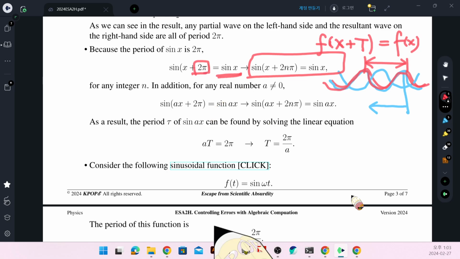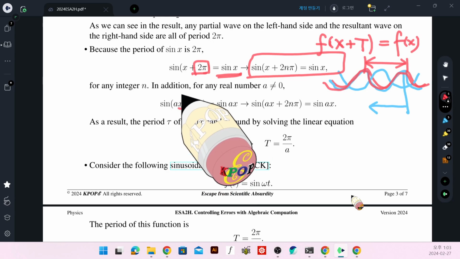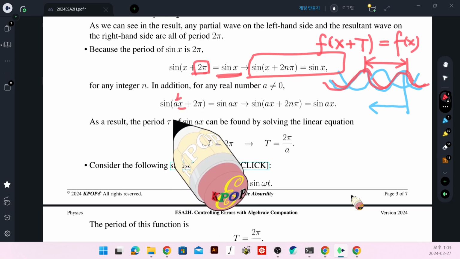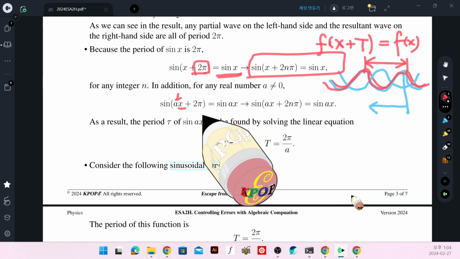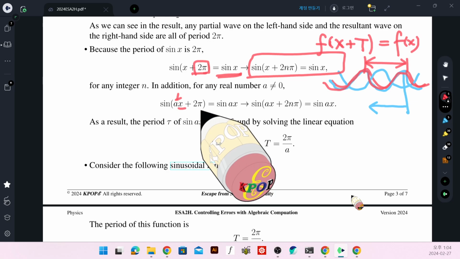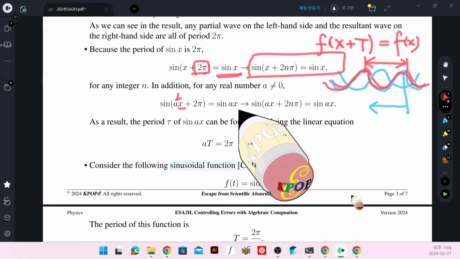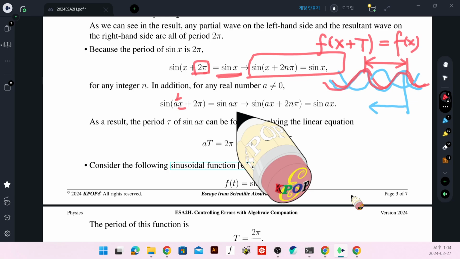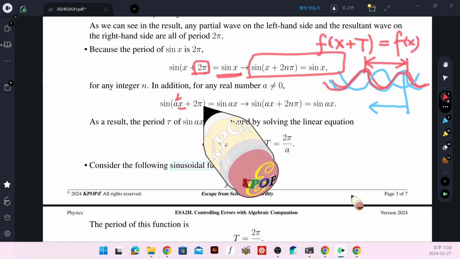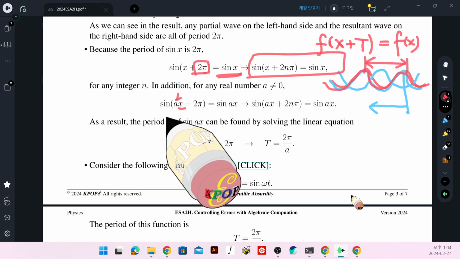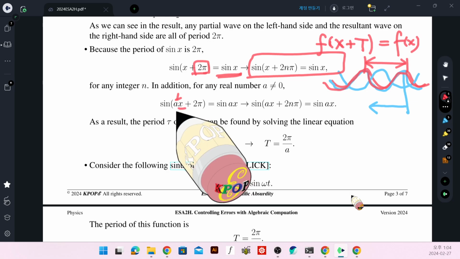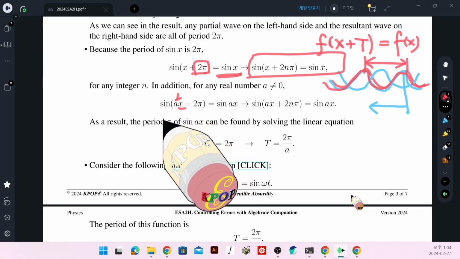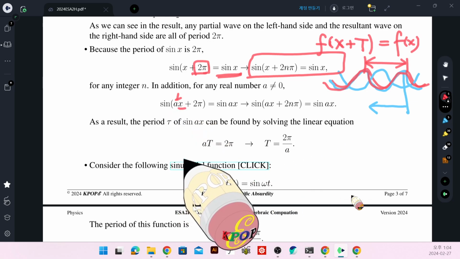What about the case where x has an additional factor a that is not equal to 0? The sine of ax plus 2 pi should be the same as sine of ax. Okay, so the period of this sine function is 2 pi, but what about the case of sine of ax? This is the case.